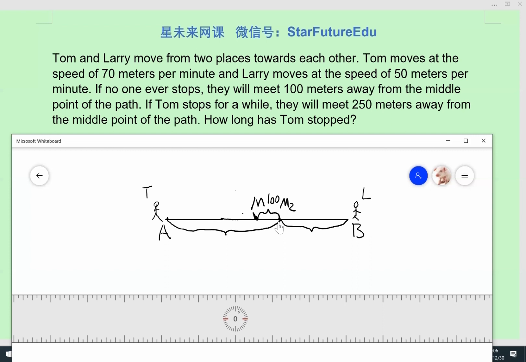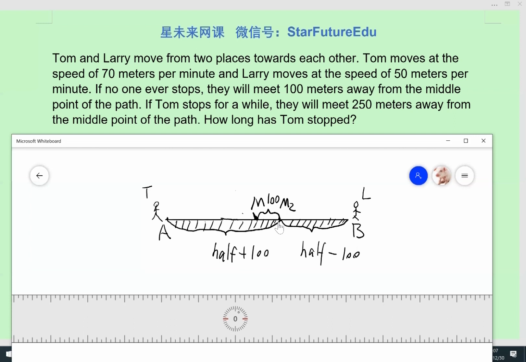The distance Tom had traveled is from A to M2, which is half the path length plus 100. And the distance Larry traveled is from B to M2. It is half minus 100.